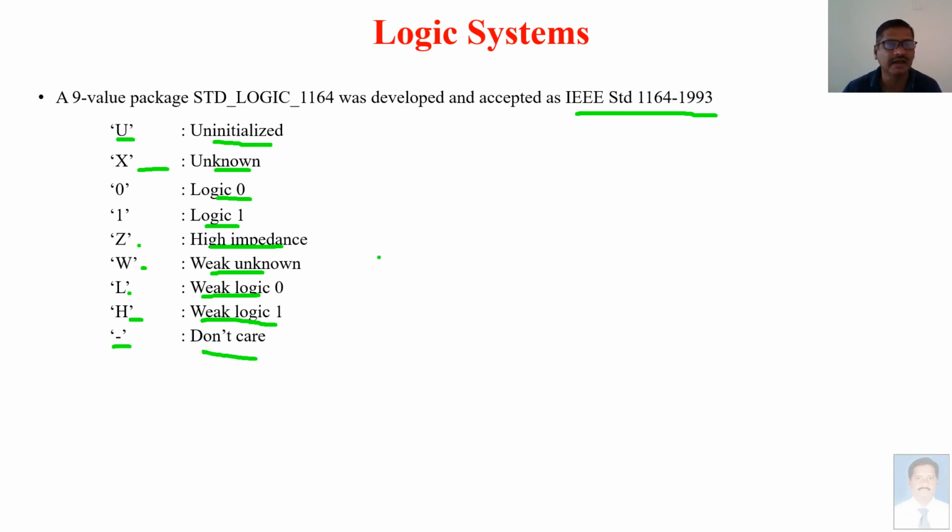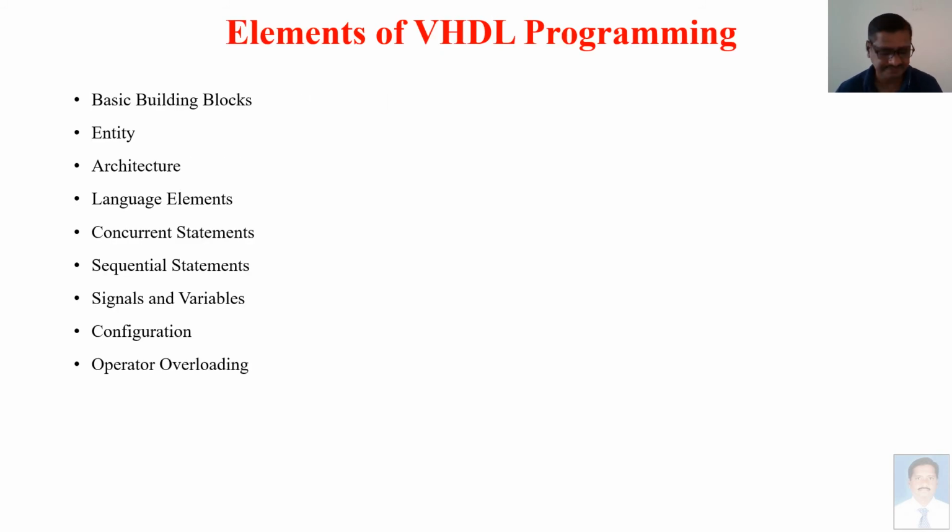These are the 9 possible inputs we can provide, and the system will provide these 9 possible combinations of outputs. These are the logic systems available in VHDL in place of only 0 and 1. Other things are also available in the VHDL language.